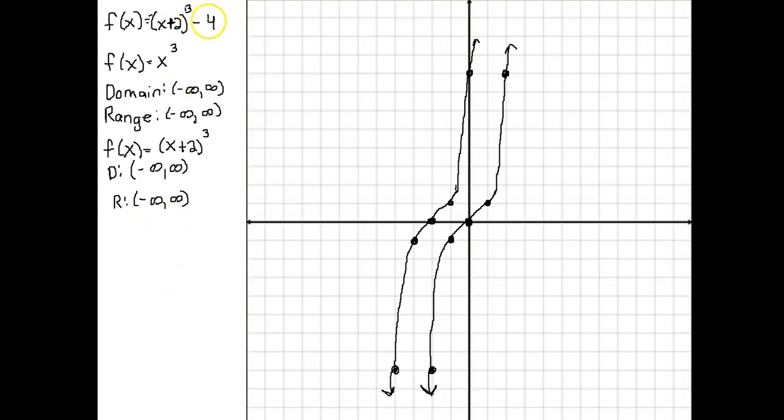Okay, and then when you go outside of the parentheses and see that minus 4, that's telling you now to take the x plus 2 cubed and shift that down 4. So that's going way down there.